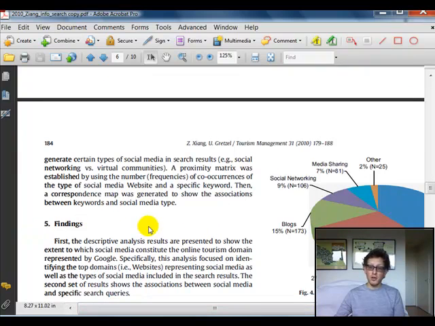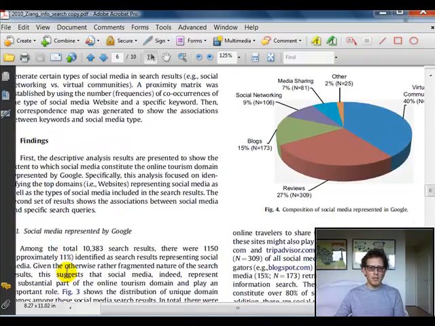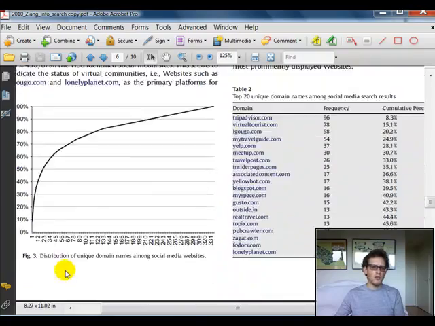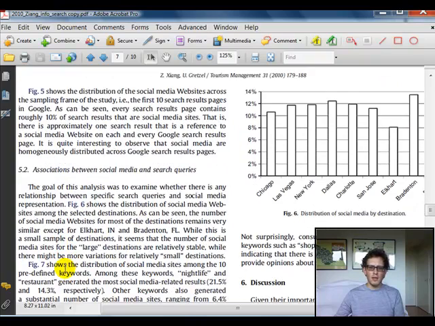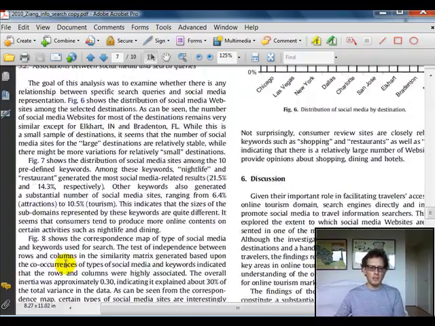Their results section is called findings. Again, you have this lovely pie chart that quickly gives you a picture of what they found, and also some tables. And again, you can get a lot of meaning just from looking at the tables, but the explanation is in the text.